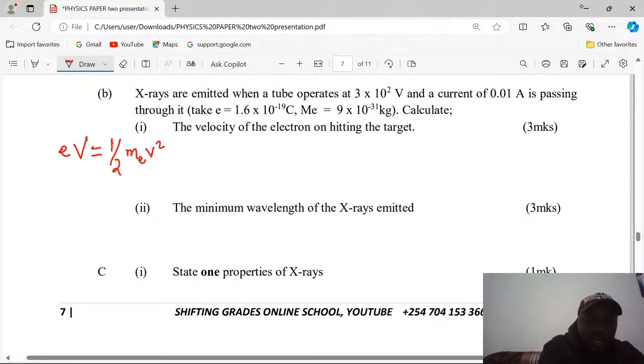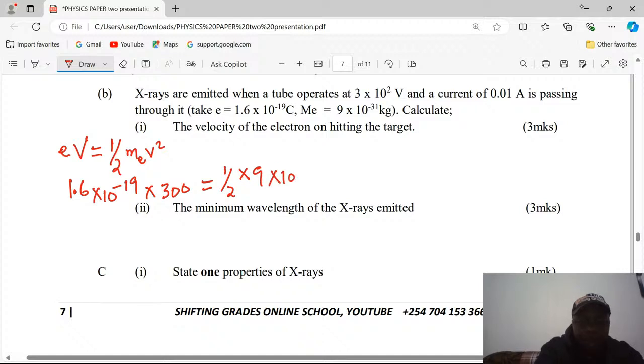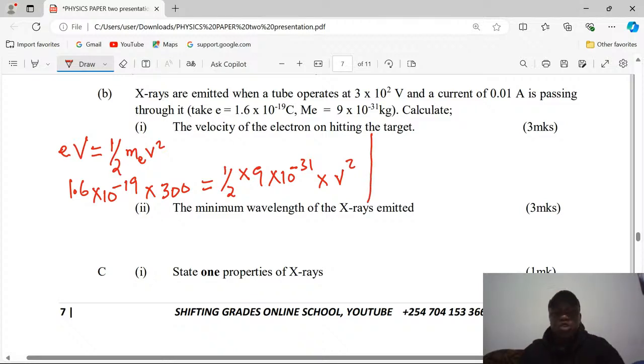So we will say 1.6 times 10 power negative 19, multiplied by 300, is the same as half times the mass of an electron, 9 times 10 power negative 31, multiplied by the unknown v squared. Now we can plug in these values so that we get the value of v.